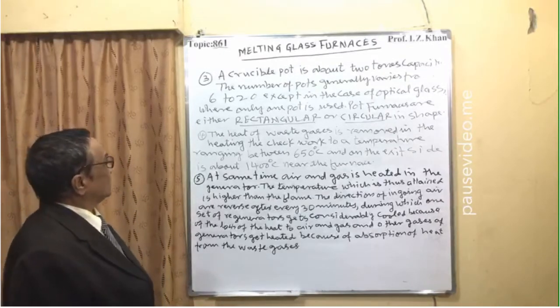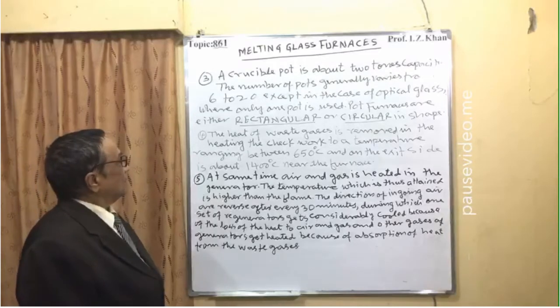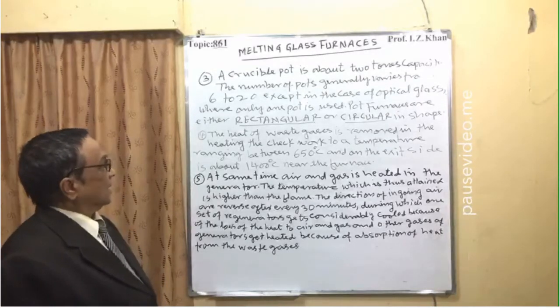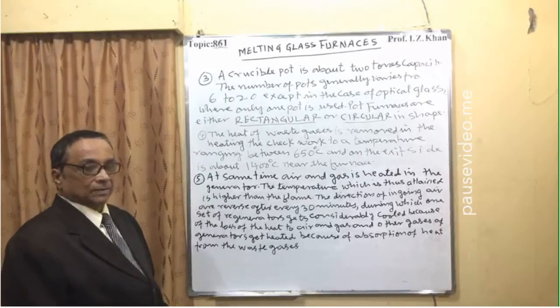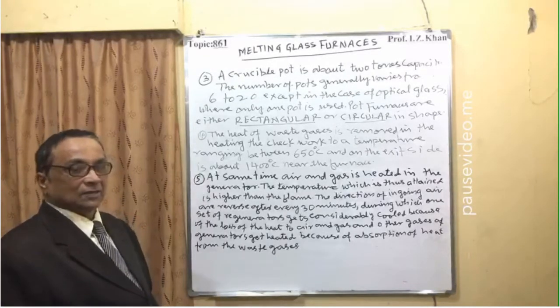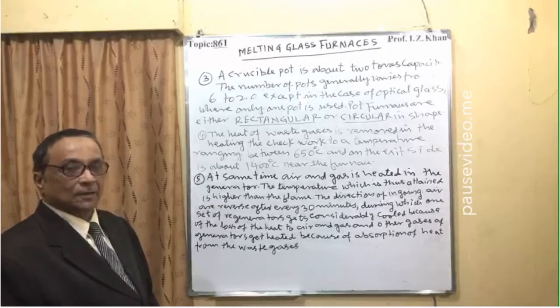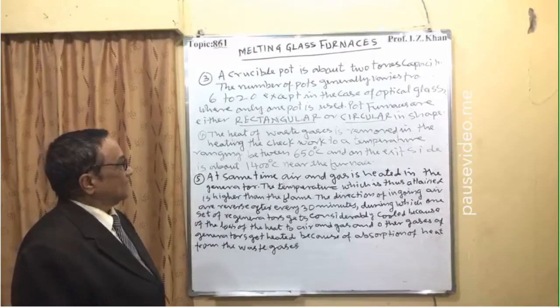The pot furnace crucibles are of two types: either rectangular or circular in shape.